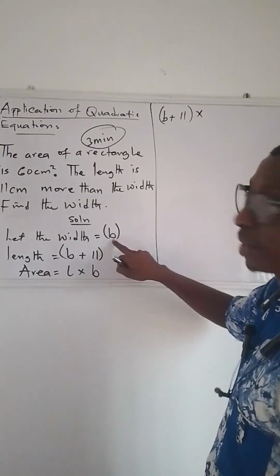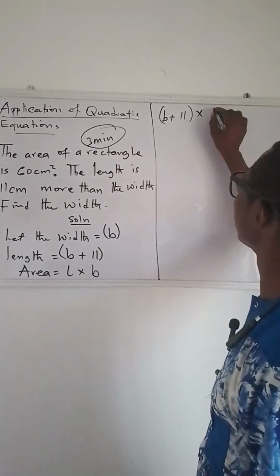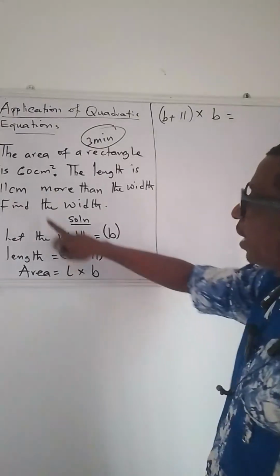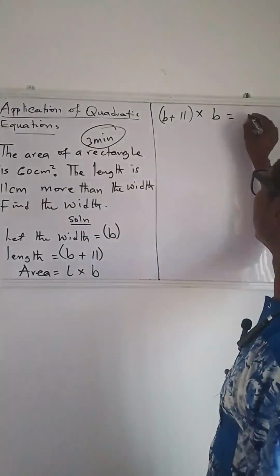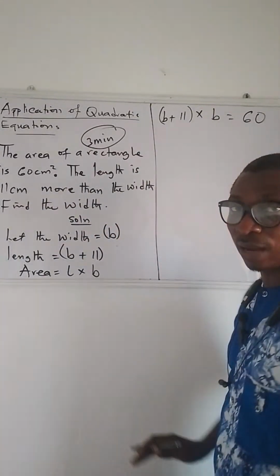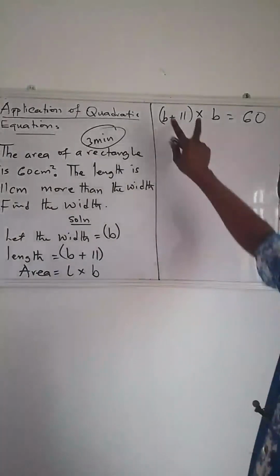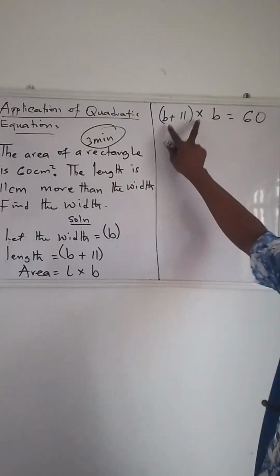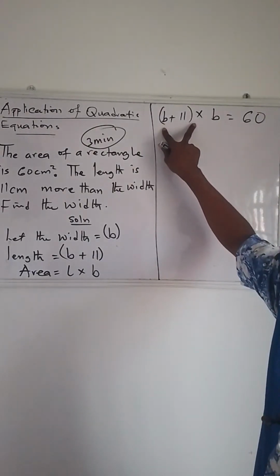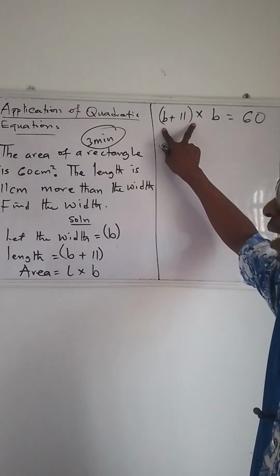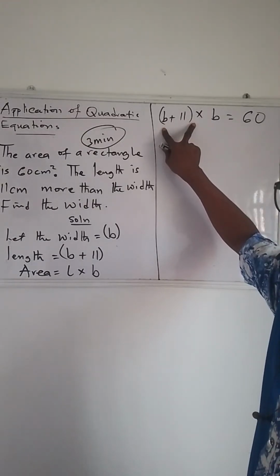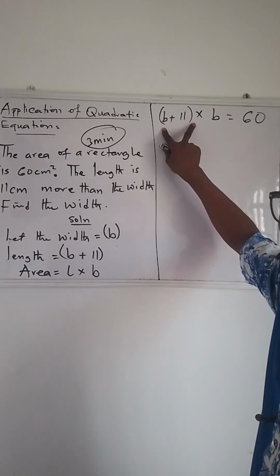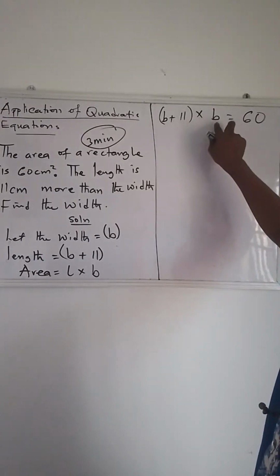What is the breadth? The breadth is represented with b. Is equals to the area. What's the area? 60. Now look at this statement. I want to believe everybody understand this. Length times width is 60. This length is 11 centimeter more than the breadth or the width. And this is the width.